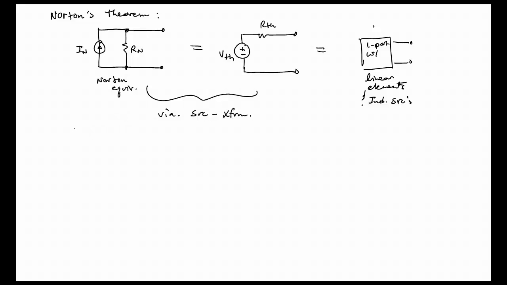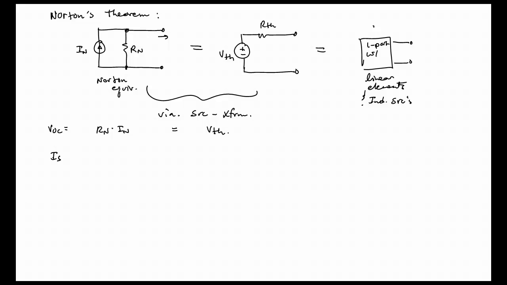And so we would write here that V Thevenin is equal to the open circuit voltage, right? So let me start this over. The open circuit voltage for the Norton equivalent is going to be just Rn times In, if there's no current flowing out here. And the open circuit voltage on the right here is just V Thevenin.